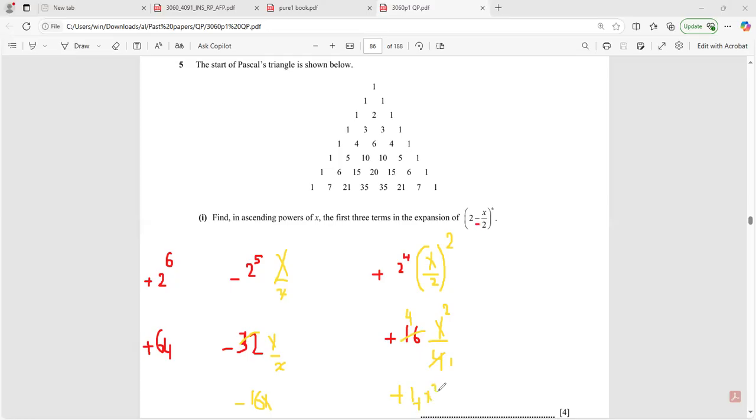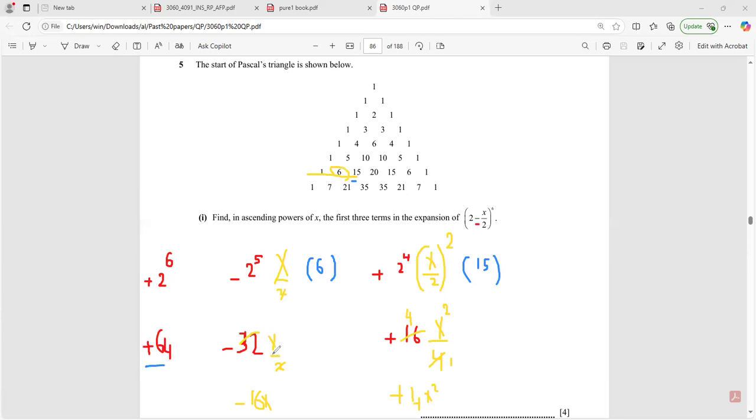Let's move to Pascal. This is already given, and the power is 6, so the number of the first one is 6. What we're going to do now is multiply by 6 here, and the next will be by 15. Let's multiply. The first term we'll leave as it is, 64.